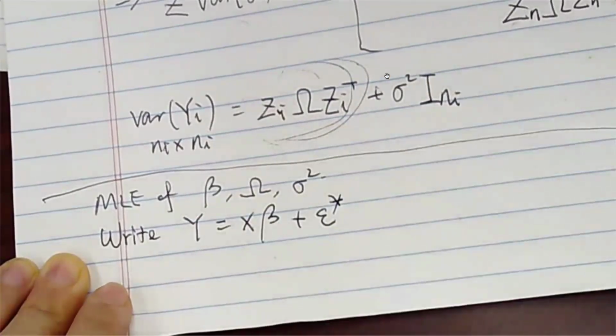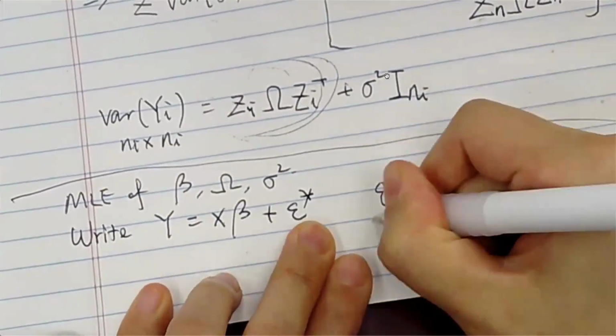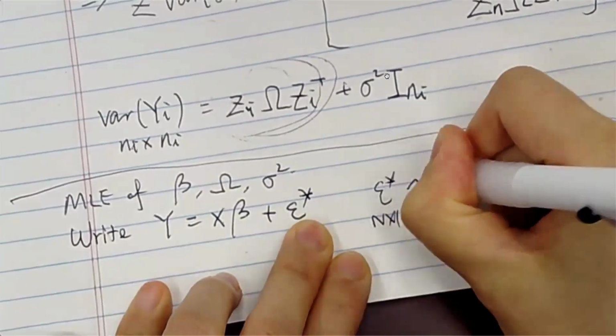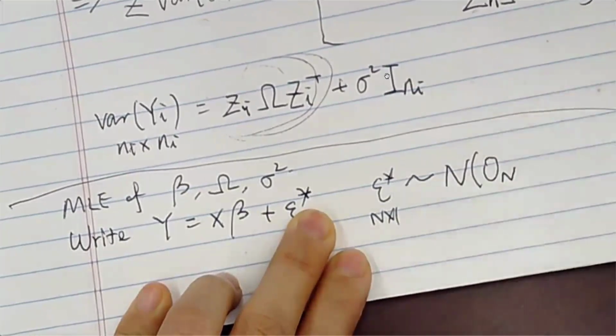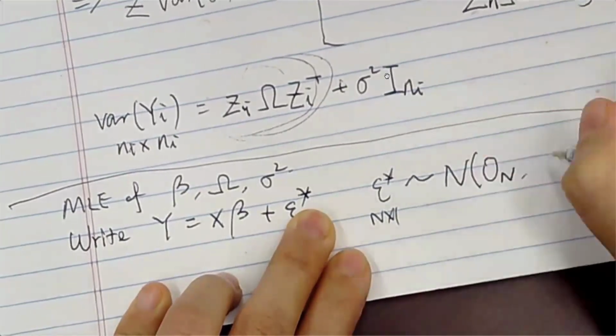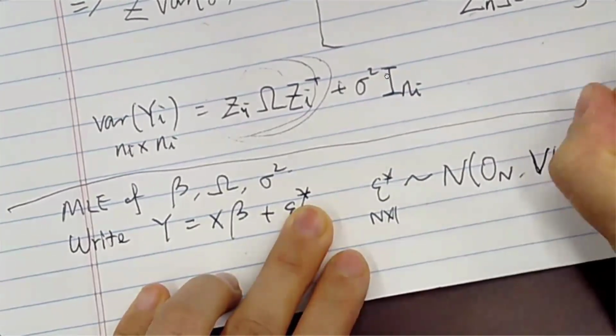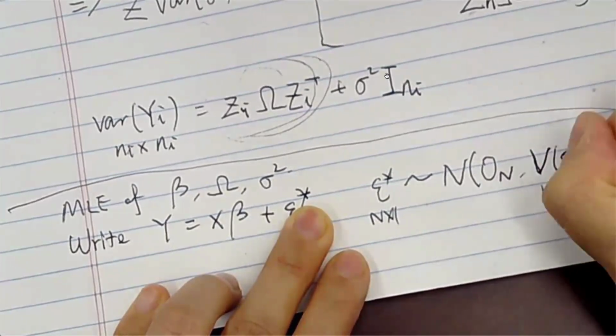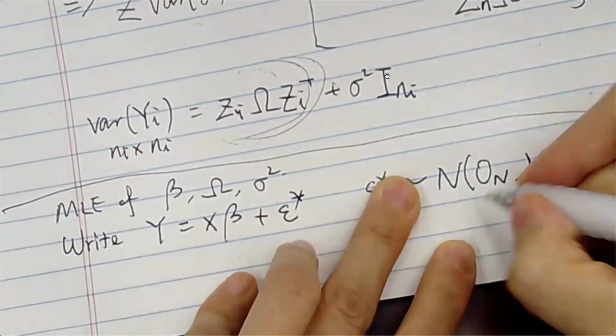We assume this epsilon star, which is big n by 1, as the general random effect term, following a big n-dimensional normal distribution with mean 0, big n-dimensional, and a general covariance matrix big V with parameter theta, which is n by n. Here we use theta as a general notation for omega and sigma squared, the variance parameters.